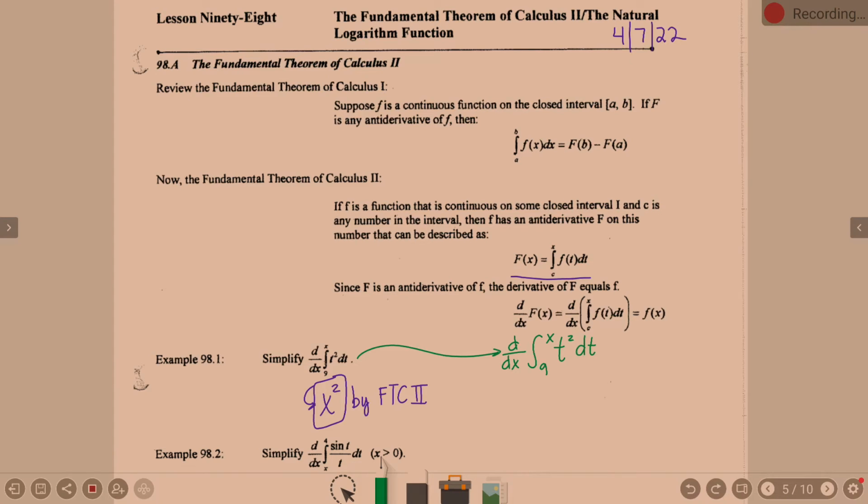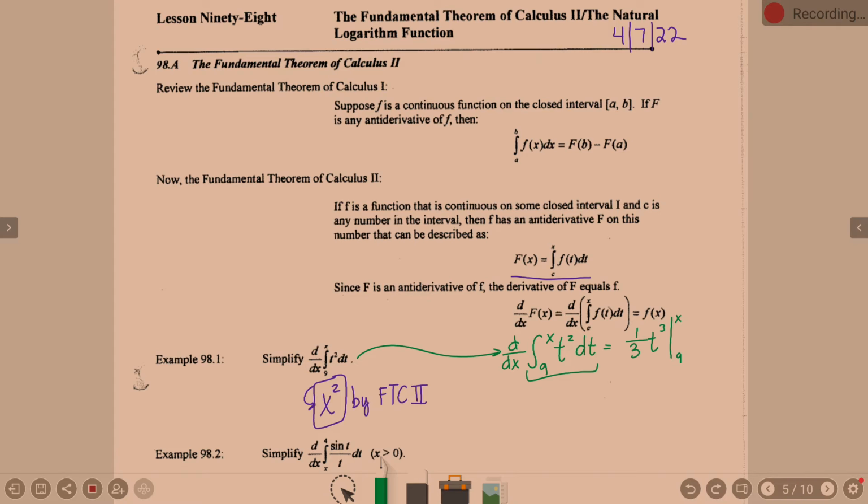So, let's focus on the integral here. What is the integral of t squared? Okay, so the integral is, if I'm just worrying about that piece, 1/3 t to the third, evaluated from 9 to x, correct?